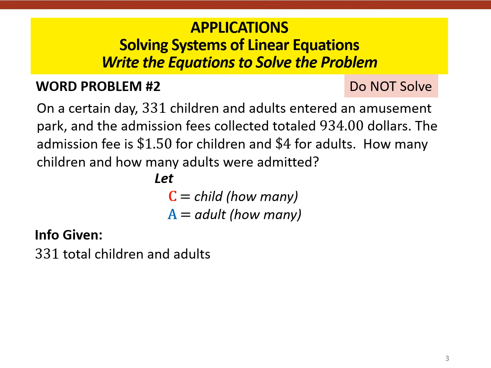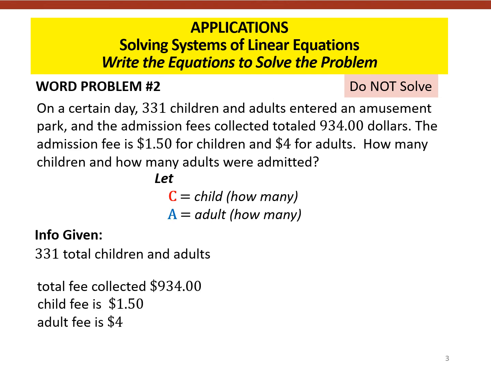The admission fee collected totaled $934. So I have their total fee collected is $934. I'm just writing the basic facts. The admission fee is $1.50 for children and $4 for the adult. So child fee is $1.50, $4 for an adult. How many children and how many adults were admitted?